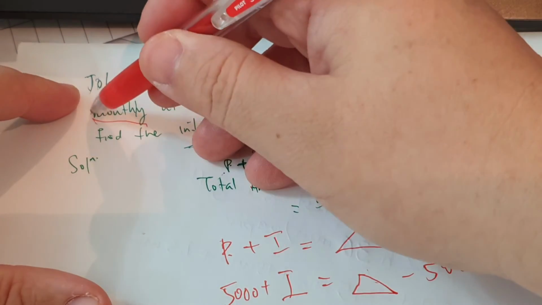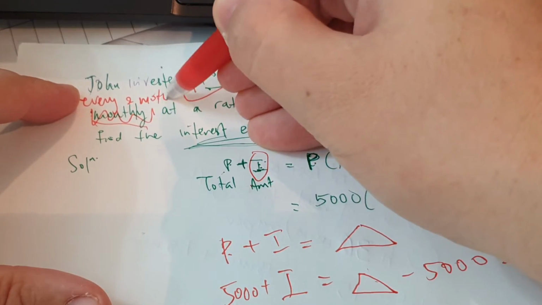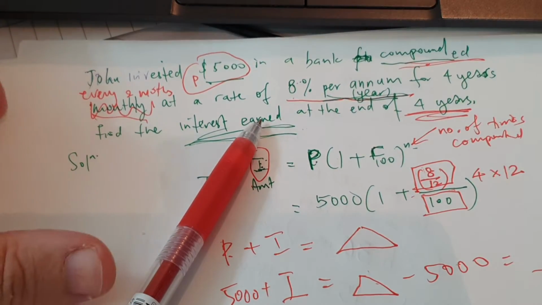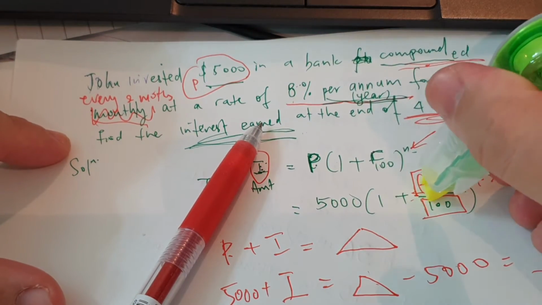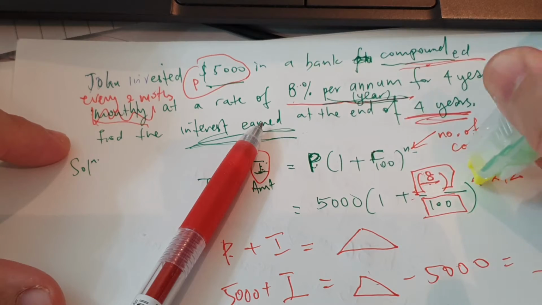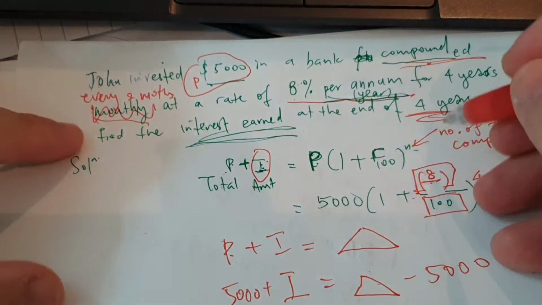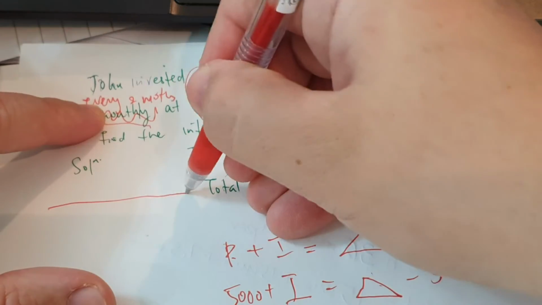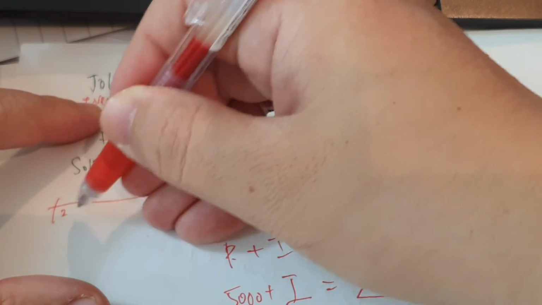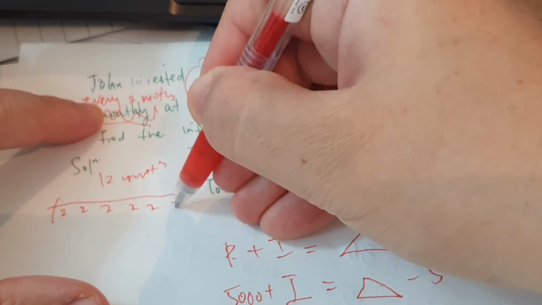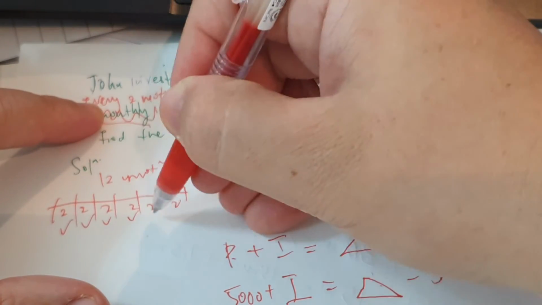Now if I say not monthly but every 2 months, then how will the thing change? You compound every 2 months, so you can draw a timeline like that. 12 months, every 2 months, so 2, 4, 6, 8, 10, 12. How many times? 1, 2, 3, 4, 5, 6.